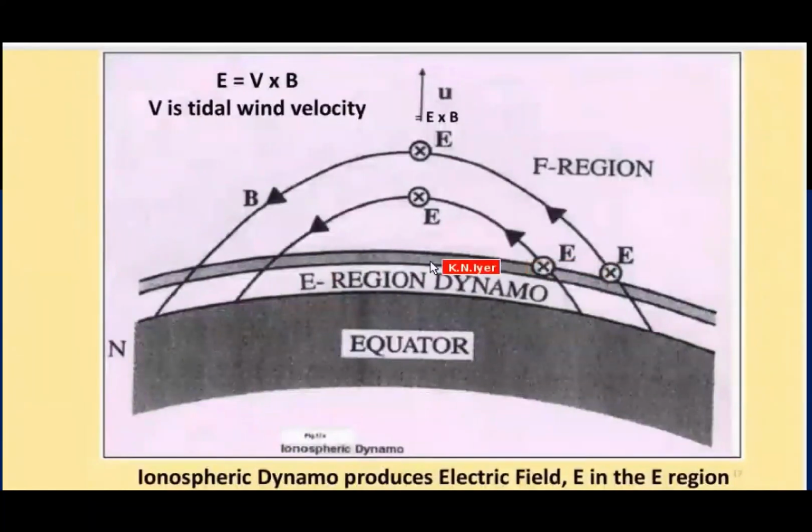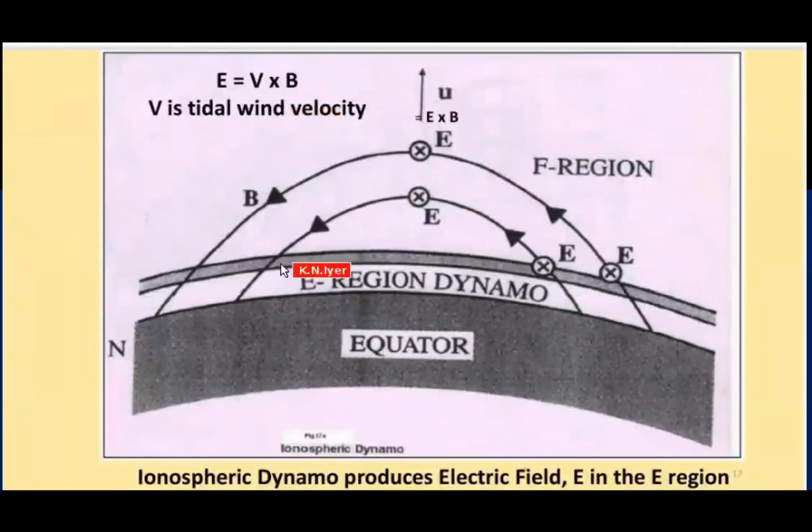This is the meridional direction, the vertical direction is this, and the crossing of these two will be perpendicular to the plane of the figure, indicated by the cross here. So the electric field is perpendicular to the plane of the figure, and the magnetic field lines are equipotentials for the electric field. So the electric field generated a little away from the equator is conveyed along the magnetic field lines to the equatorial ionosphere. So you get your electric field here. This is how the electric field is generated.